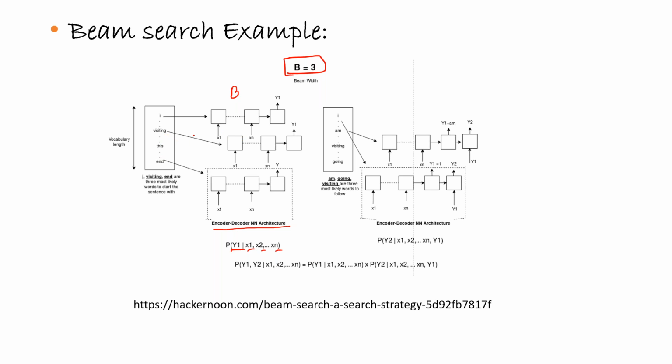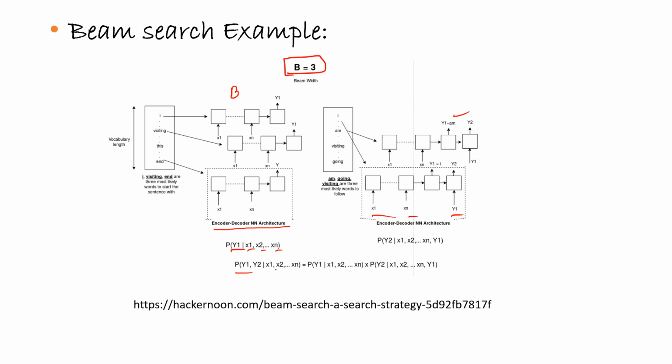So y1 will be the output for that. Again I am visiting, and the most likely words to be followed are like x1 to xn and y1, right? We will see more examples on this. Let's say I am, it's coming in like this, and then y1 as am is coming out from here, right?